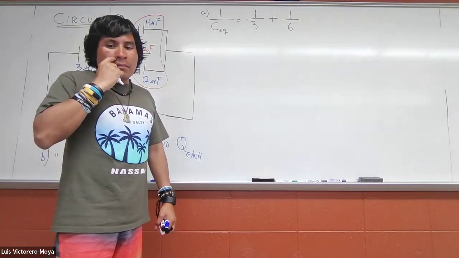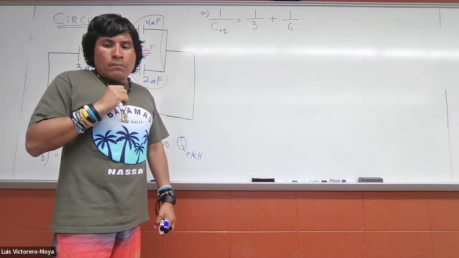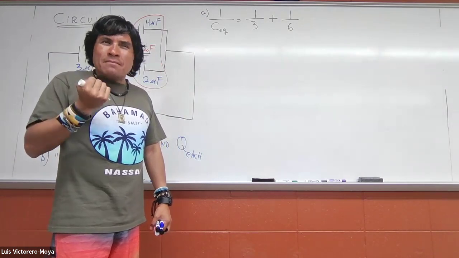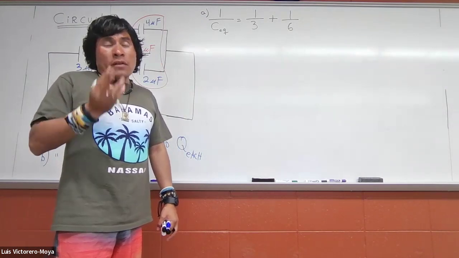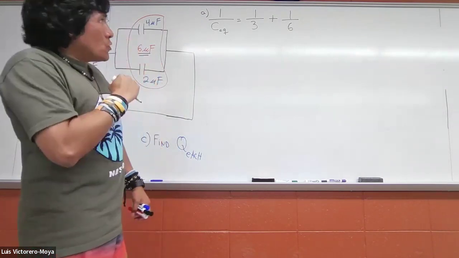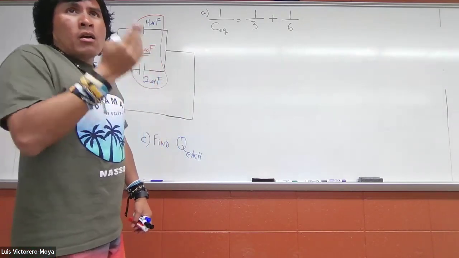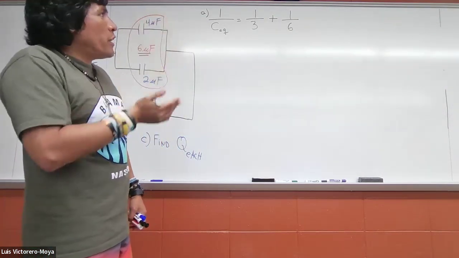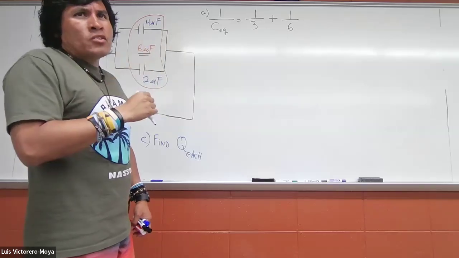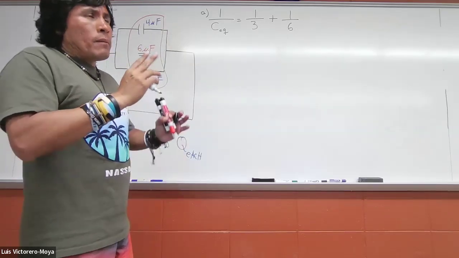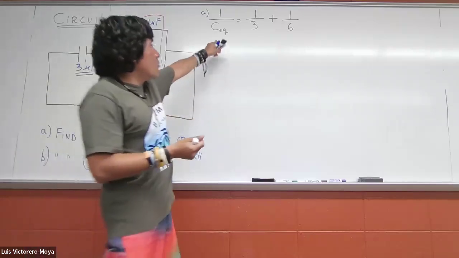But in the assignment, they might give you questions with decimals. So if you have the calculator, you can use decimals. Or if it was 3.2, 6.3, just use a calculator, convert it into a decimal, and then remember that you have to flip it to find the equivalent.